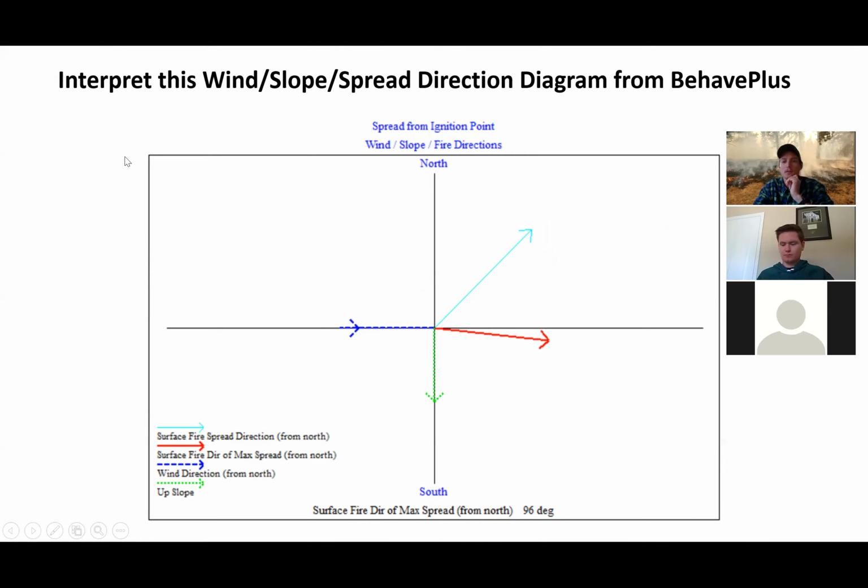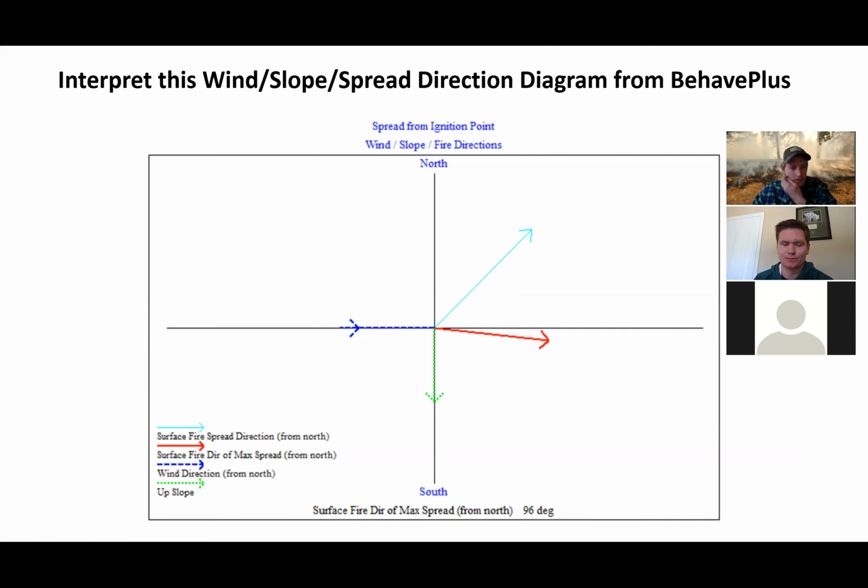Cool. So let's talk about these diagrams. This is a simulation that I set up last night, just playing around with Behave. My hope was that one of you would take a shot at what's going on here, what type of fire we're simulating, and what all these arrows mean. Sure, it's the spread from the ignition point.